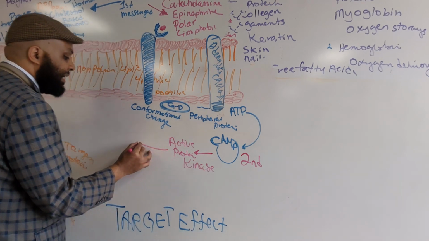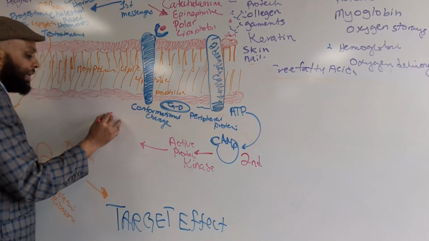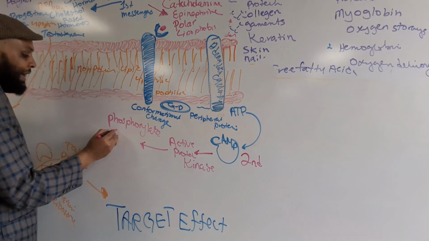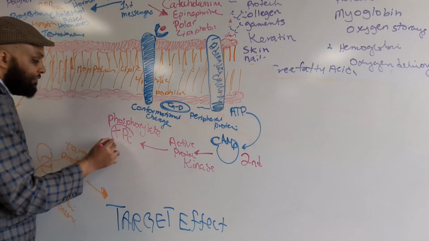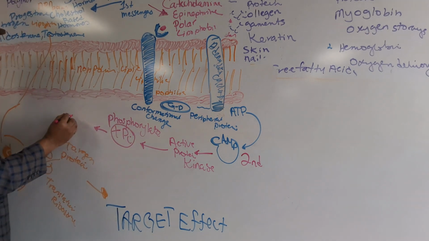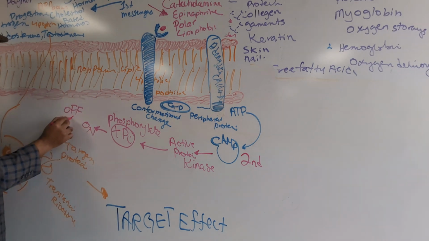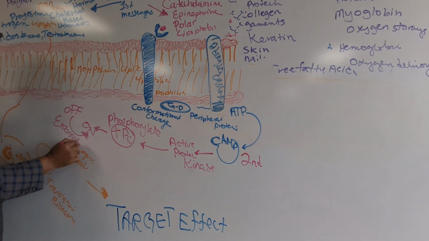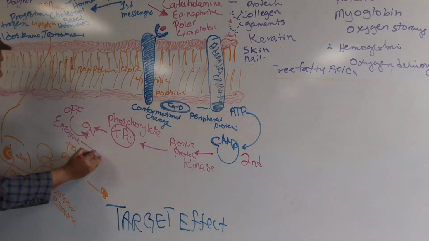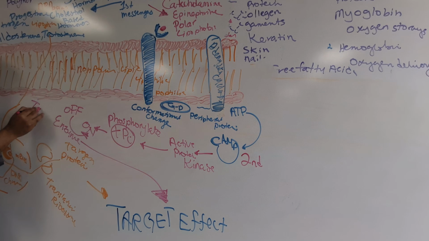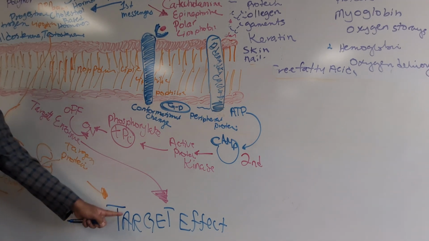And the protein kinase is going to go and phosphorylate, is going to add a phosphate group to an enzyme, turning the enzyme from off into on, activating the enzyme, and then that enzyme is going to give me my target effect. That is my target enzyme, and it gave me my target effect.